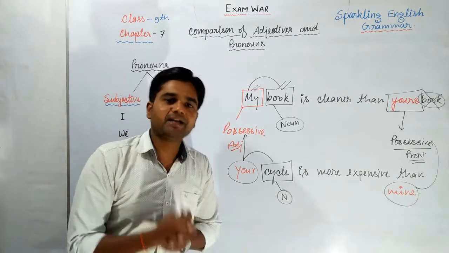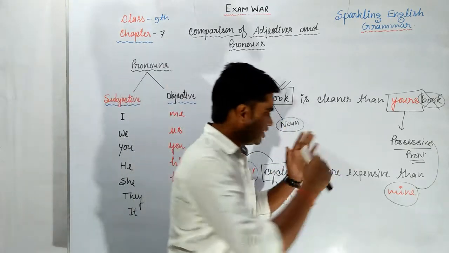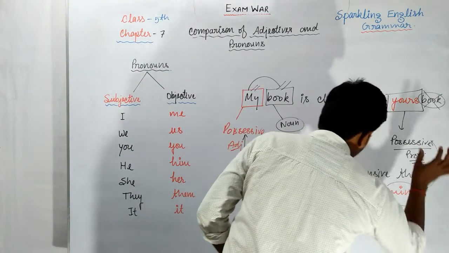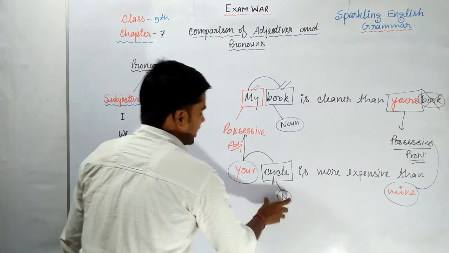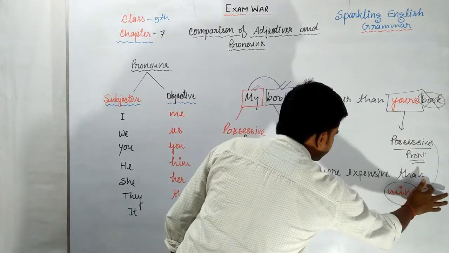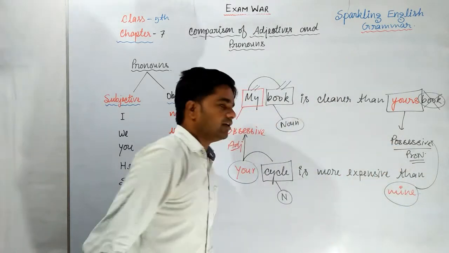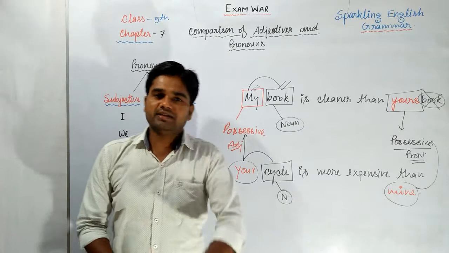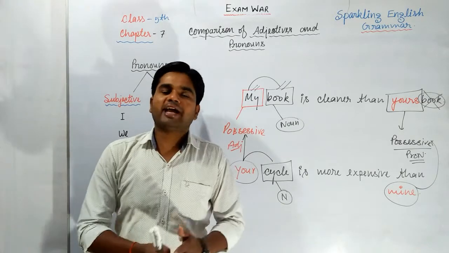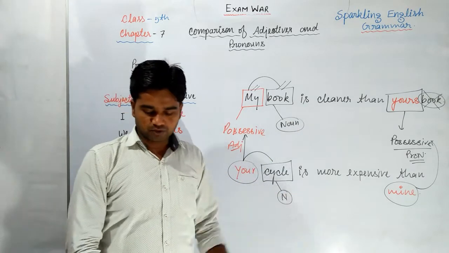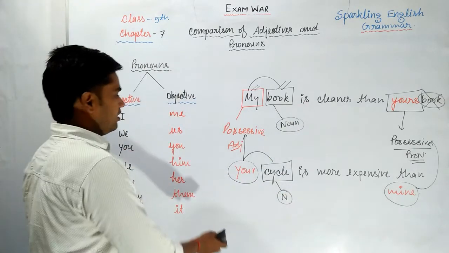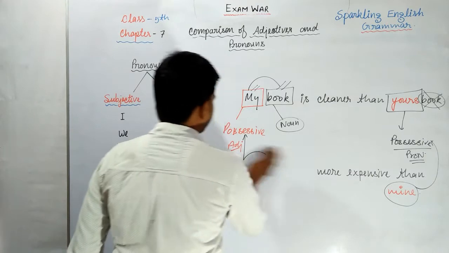Mine means my cycle, and we need not use any noun after these pronouns. So the right sentence will be, your cycle is more expensive than mine, or in other words we can say, your cycle is more expensive than my cycle. This sentence means the same. I think you got this rule clearly.